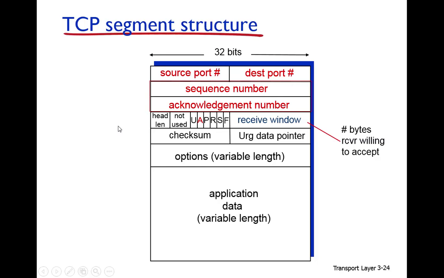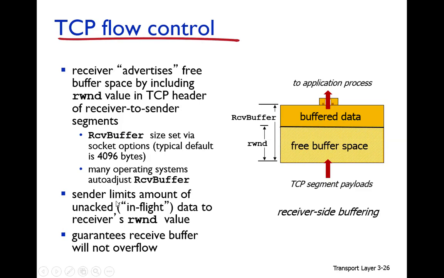This guarantees that the receiver buffer will not overflow. This is the total buffer space, and this is the buffered data. The buffered data is subtracted from the total buffer, and what remains becomes the receive window, the free buffer space.